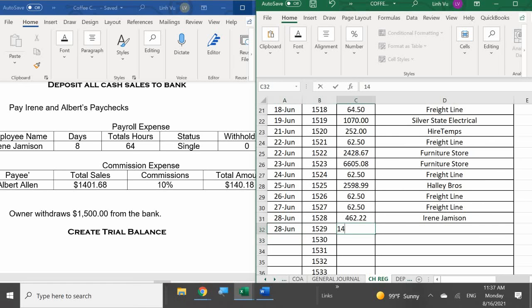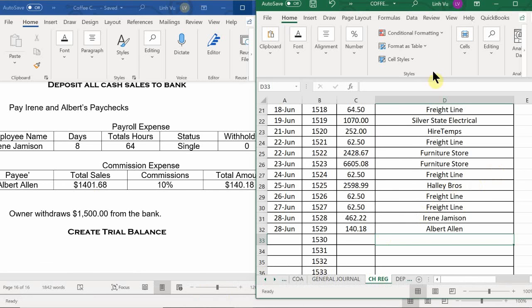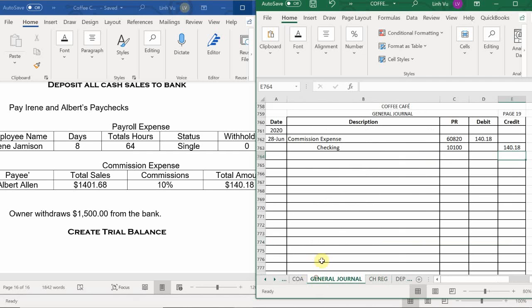Okay, so for $140.18 to Albert Allen, for check number 1529. So let's go ahead and make our note.